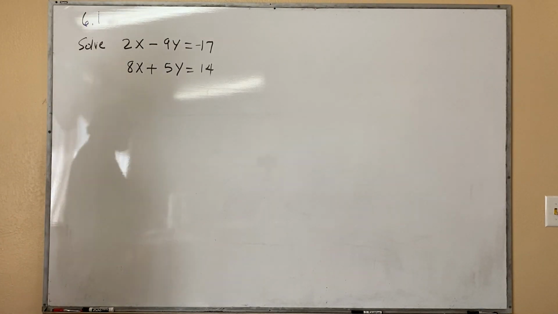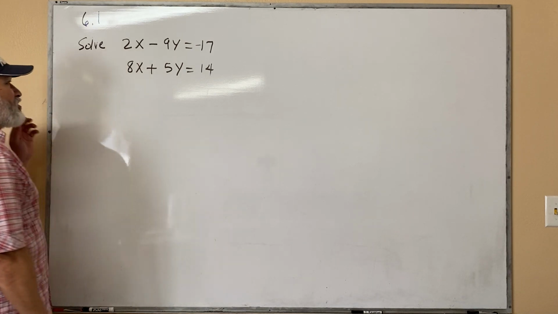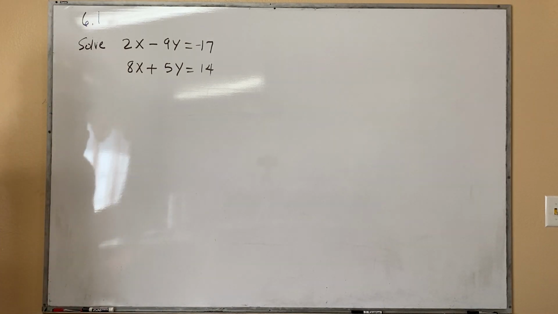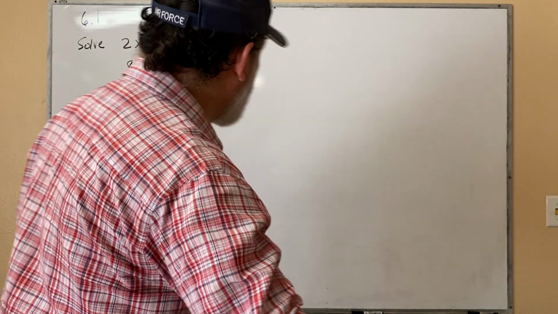To solve this system of equations, the easiest way that I have explained in the past is that we can graph this system. We can graph the first equation, and we can also graph the second equation.